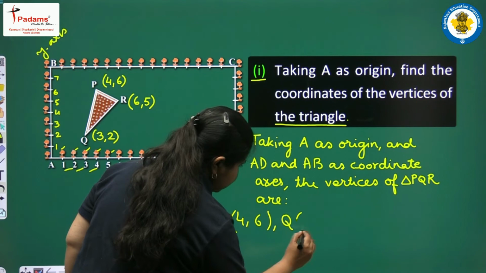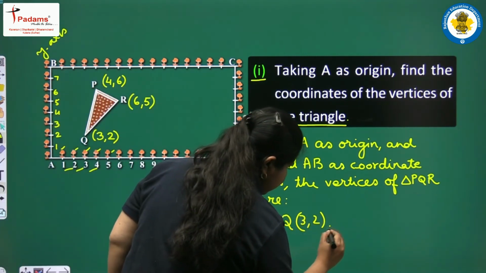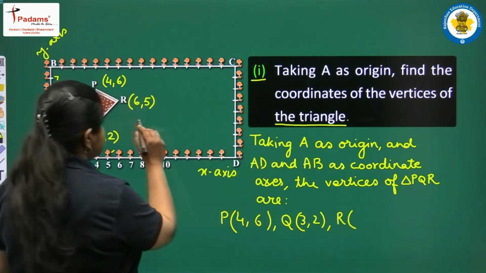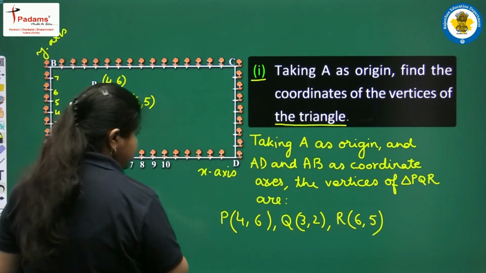Then Q can be given the coordinates 3, 2 and R has the coordinates 6, 5. I hope all this is very much clear.